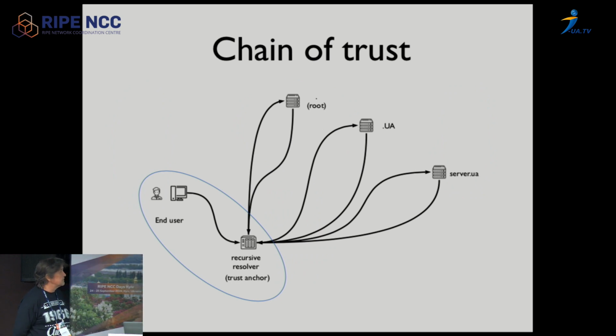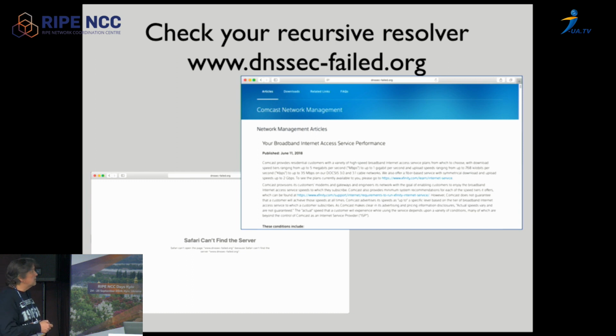Now, what is DNSSEC? It is the situation where the final user is contacting a recursive resolver, and if it is a validating resolver, it has a trust anchor, which enables it to check the answer from the root authoritative server to make sure that it actually came from the valid server.